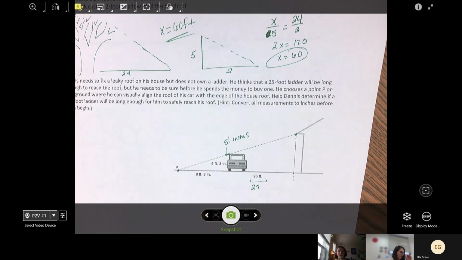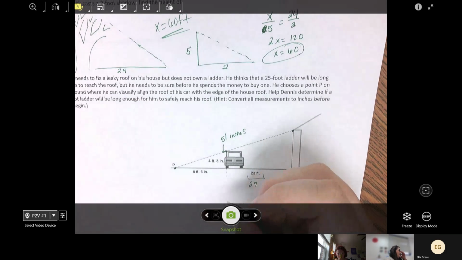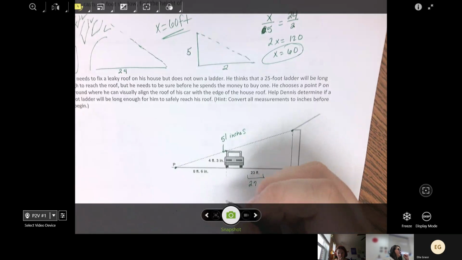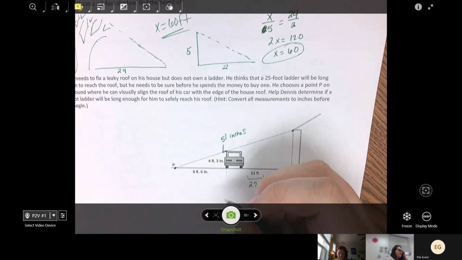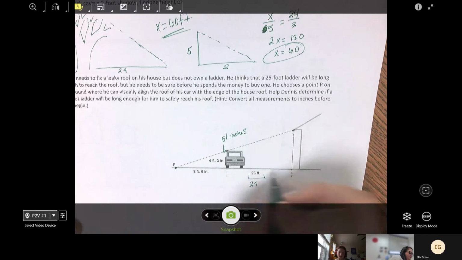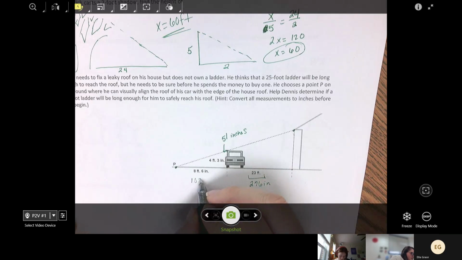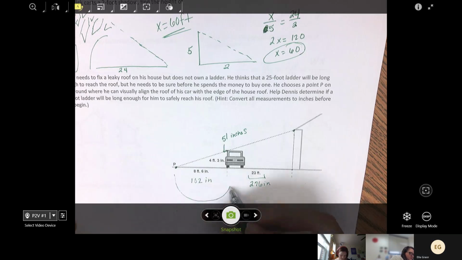I think you multiply by... how many inches are in a foot? 12. So 4 times 12 plus 3. Okay. And then this is going to be 276 inches. This is going to be 102 inches. And then when you add those together, you get 378 inches.